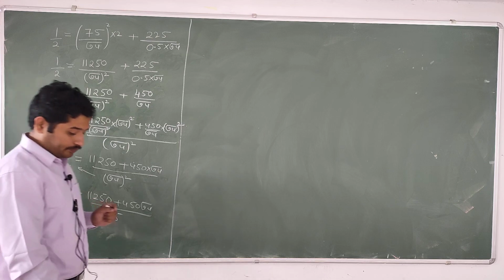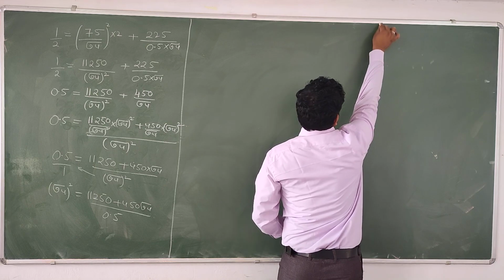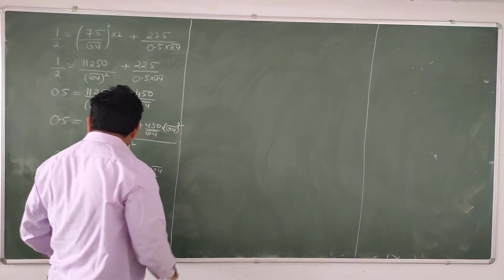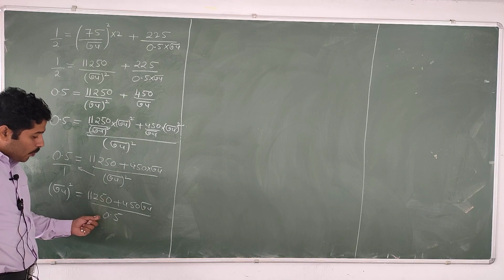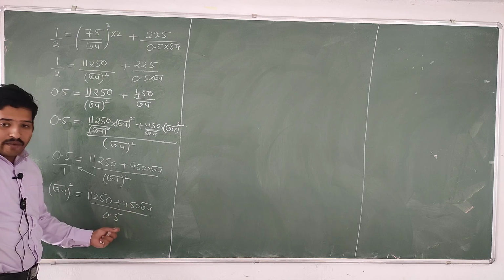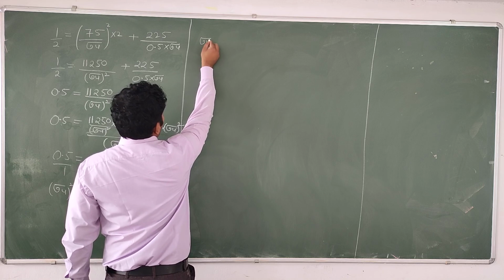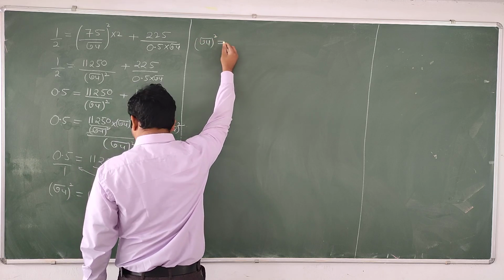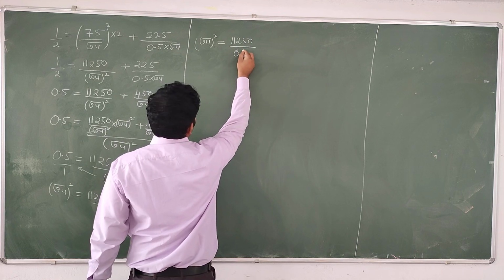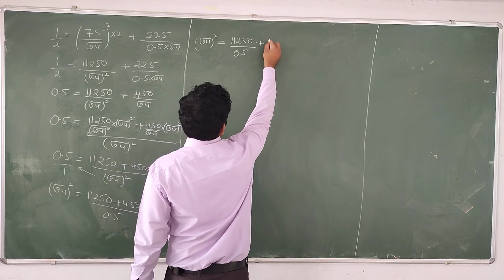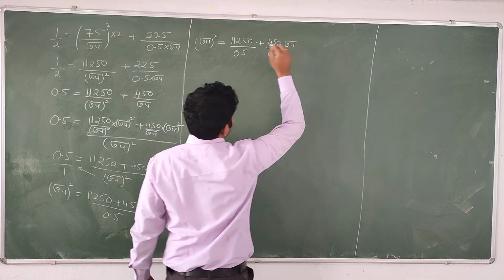Let us see over here. We need to divide 11250 by 0.5 plus 450 by 0.5. Is it right? Then sigma u, the ultimate stress, whole square equal to 11250 by 0.5 plus 450 by 0.5 into ultimate stress sigma u.